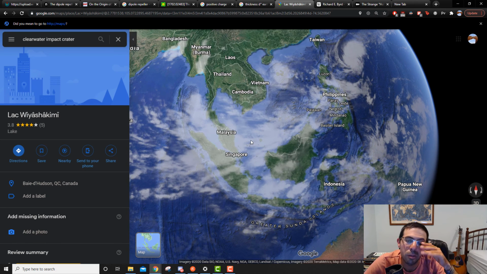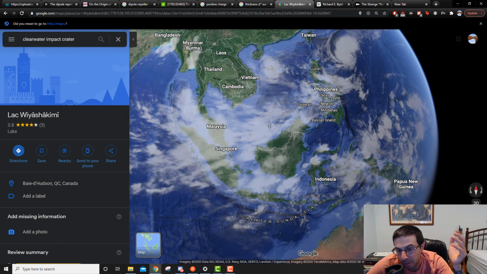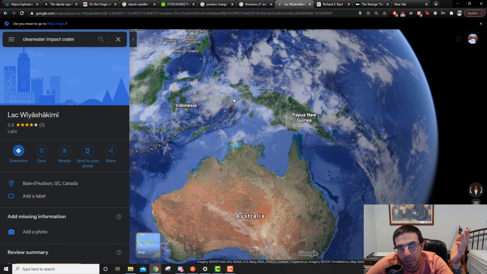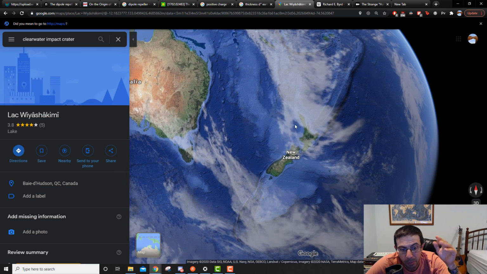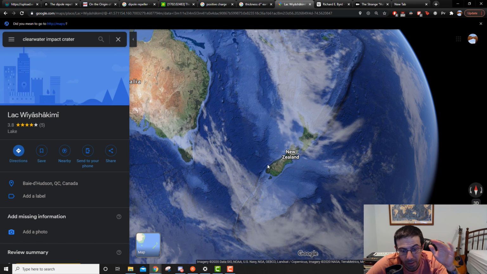So if we're trying to figure out how the continents fit together on a smaller globe, while still thinking that these islands were part of it, and trying to work them in, maybe some of these things didn't even exist. There's always the possibility that some of these things did not even exist in the past.